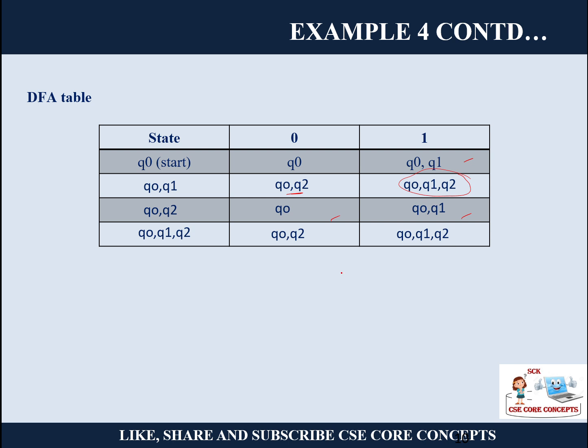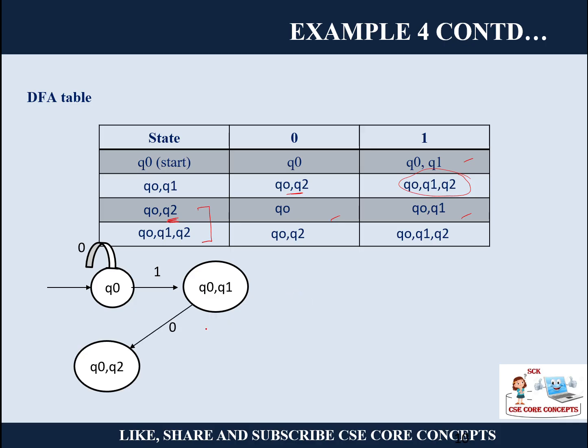So let's construct the DFA. Q0 is our start. Now how many end states will be there? 2, because Q2 is your final state. So with 0 you remain in Q0 state. With 1 you go to the next state. With 0 you go to the next state, right? Then 0 from Q0, Q1.